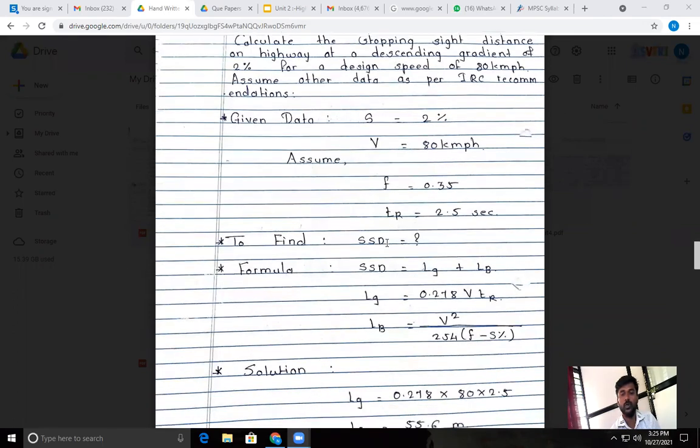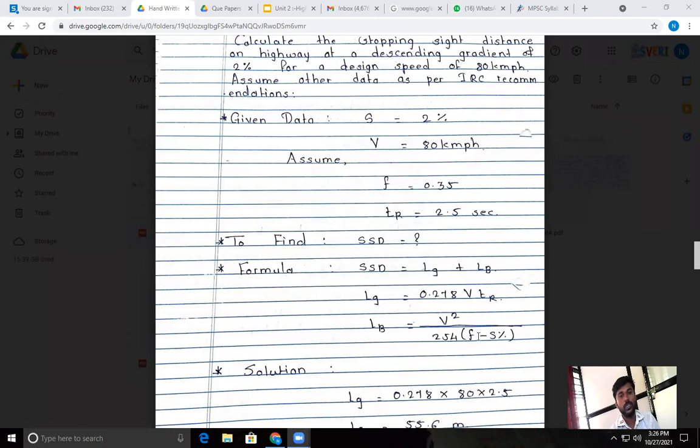SSD is equal to lag distance plus braking distance. Find the lag distance by putting the values of V and T. Also find the braking distance by putting the values of F, S the gradient, and V the velocity.